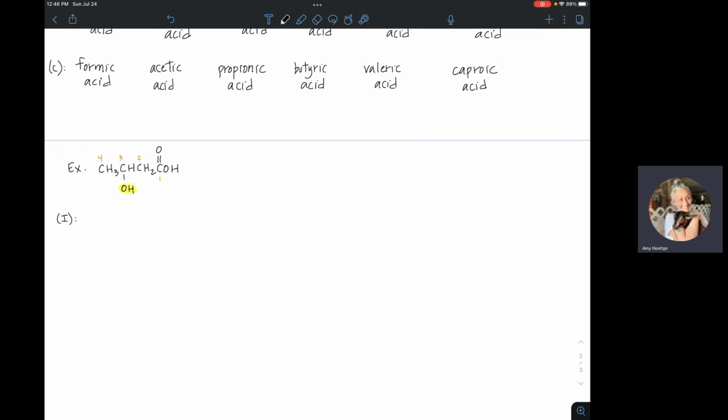I have a little chart in the lecture notes for priority for naming. One general rule we typically follow is how oxidized the compound is. The higher the oxidation state, or how oxidizable it is, takes priority. So instead of naming this after an alcohol, we're going to name it after the carboxylic acid. That means the OH group is not a functional group for nomenclature.